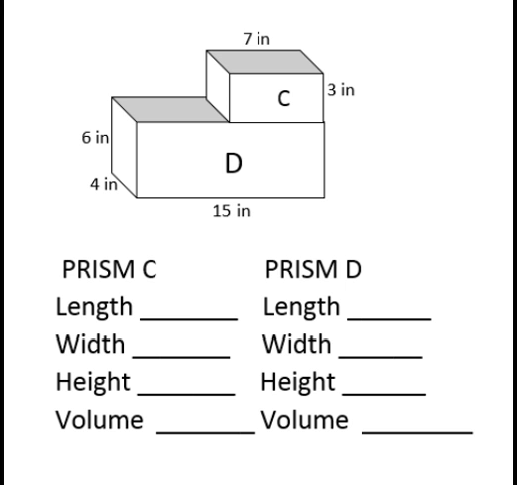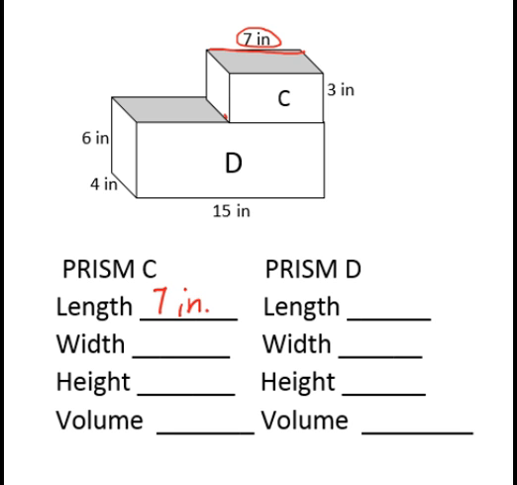This time I have prism C that's sitting on top of prism D. So again, I have to determine the length, the width, and the height for prism C. Well, for C, we can see that the length is 7 inches, so I'll mark that down.